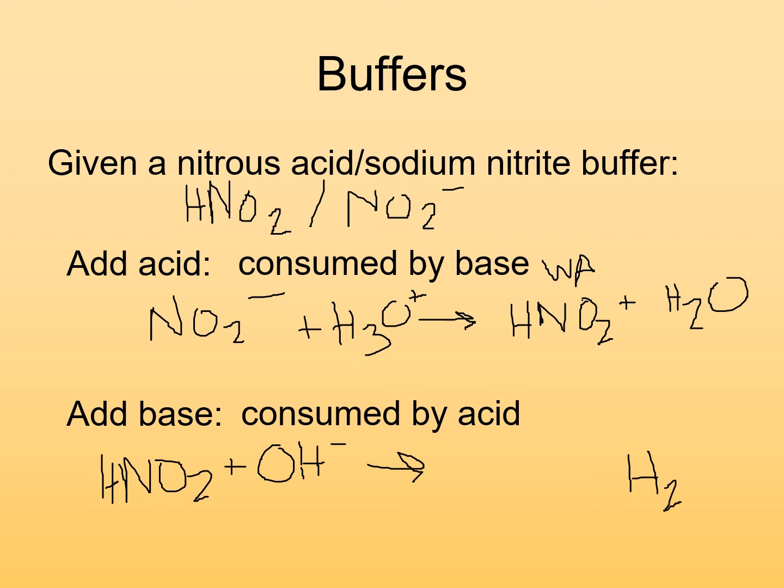And what's left over is our weak base, which was the nitrite ion. So you'll end up with both ions or molecules that were part of your original buffer system that are being created whenever it's neutralizing any added acid or base. And yet again, it will always, always produce water.